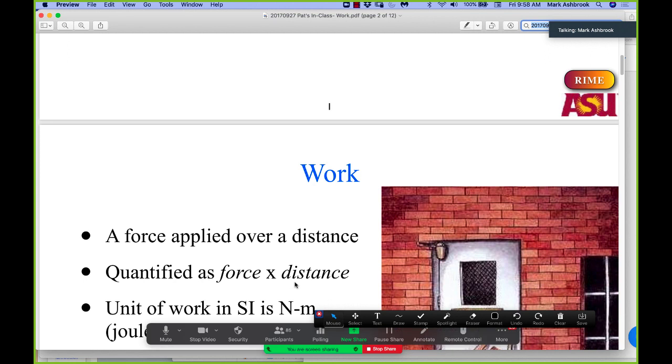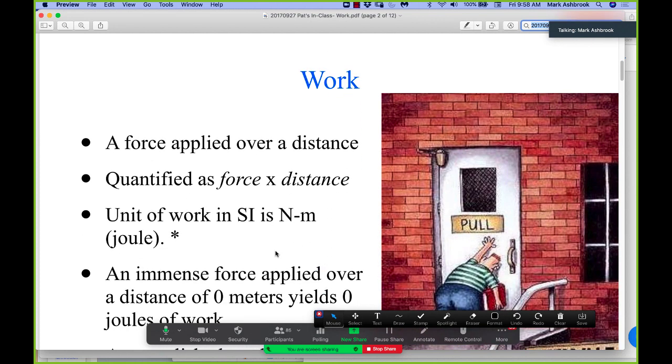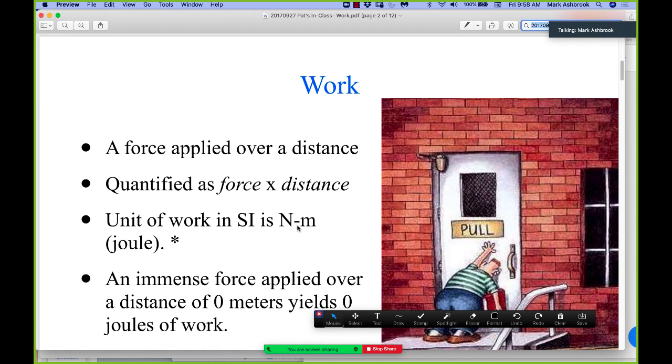Multiply that force times the distance, and you get the amount of work done to move an object. The unit of work is newtons times meters, so Newton meters, which is joules. Force is in newtons, distance in meters, multiply, Newton meters is joules.